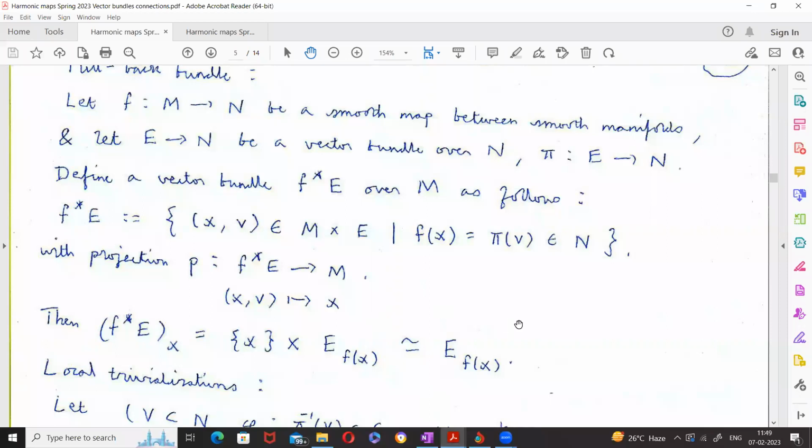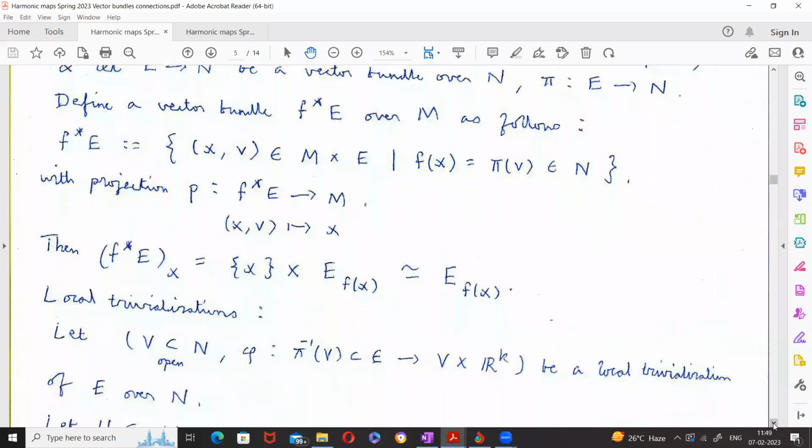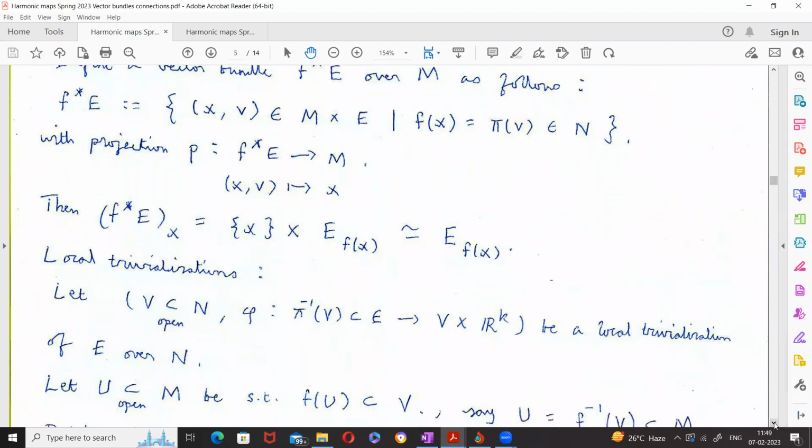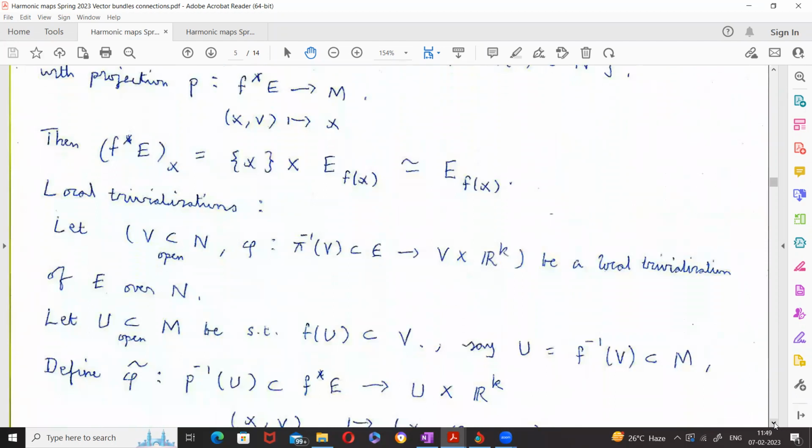Yes? Okay. So we have to see that this is locally trivial, right? We've defined a bundle. I mean, the fibers are vector spaces, the fiber of E over F of X. How do we get local trivializations, right? So we'll get local trivializations as follows.